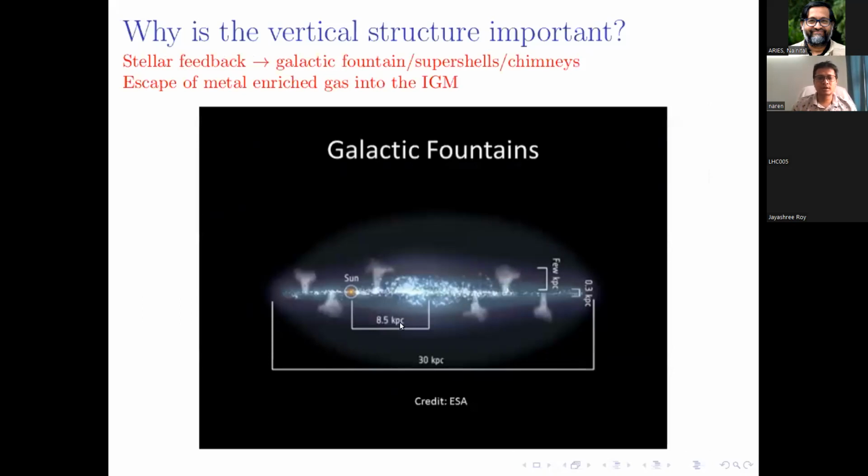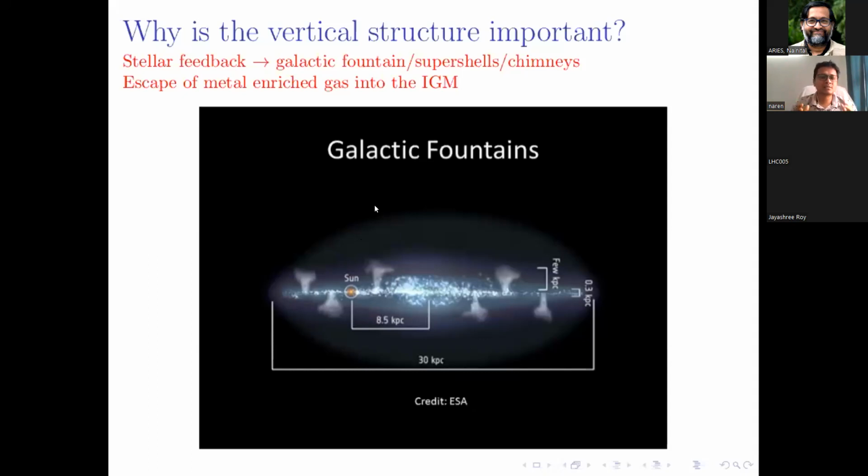So here I have shown a cartoon picture of the galaxy ecosystem. As you can see, there are a lot of stars in the mid plane, and there would be a lot of energetic activity, stellar feedback processes, supernova explosions and stellar winds and so on. These processes would eject metal enriched gas into their vicinities, right? Now if the vertical structure of the gas disk is thick and resistant, then this metal enriched gas will not be able to escape as effectively from the mid plane to the circumgalactic medium.